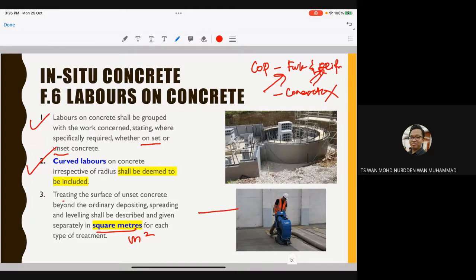The concrete is already done, but still not hardened, but we need some kind of treatment on top of this. Surface of unset concrete beyond the ordinary depositing, spreading and leveling shall be described and given separately in square meter. For example, we do it like this, grinding or whatever, so we have to describe in the description how we treat the surface of the concrete.